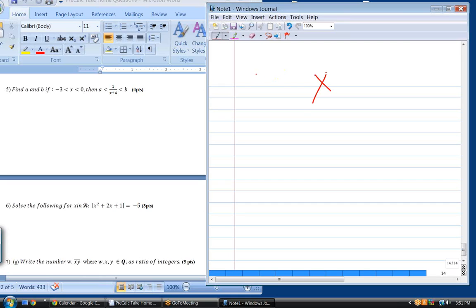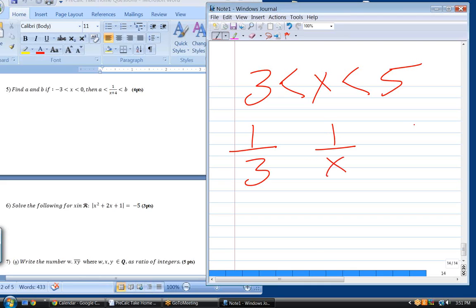If 3 is less than x and x is less than 5, then we know x has to be 4, right? Well, let's take the reciprocal of each: 1/3, 1 over x, and 1 over 5. Well, we know x is 4. Well, 1/4 is actually less than 1/3, but it's greater than 1/5.